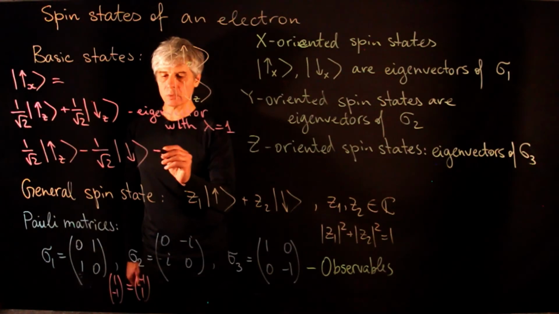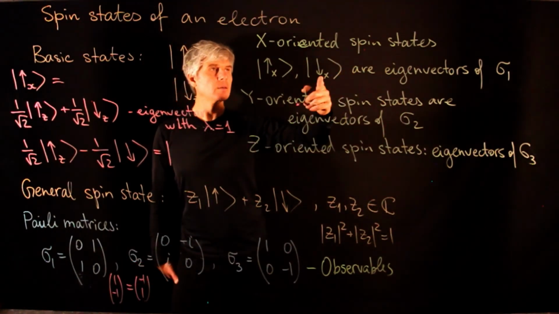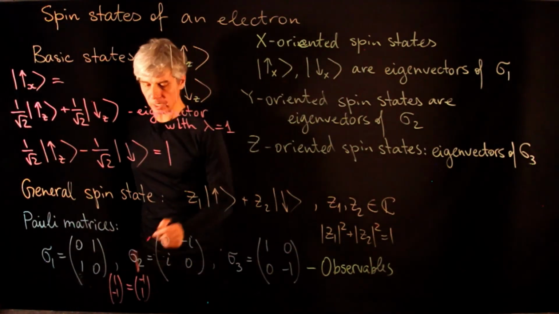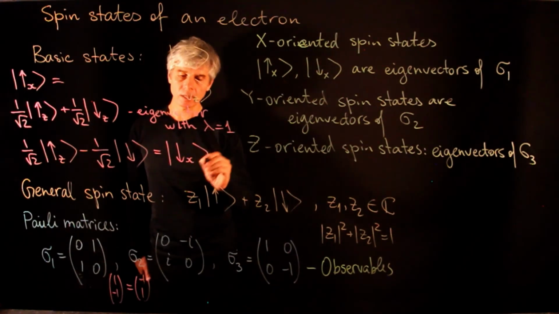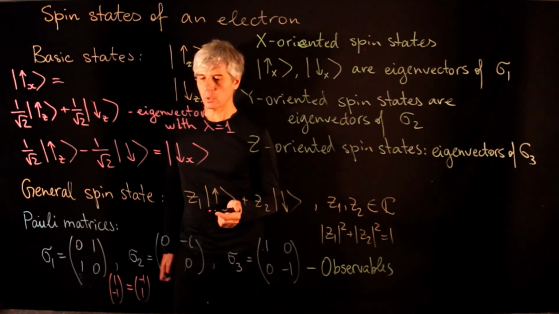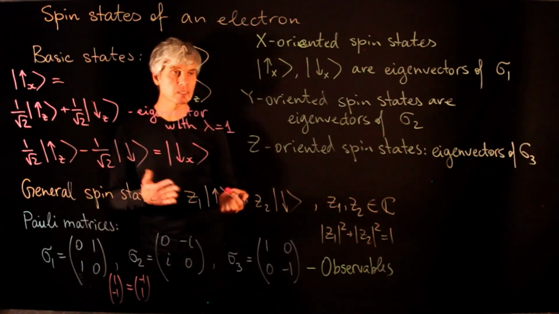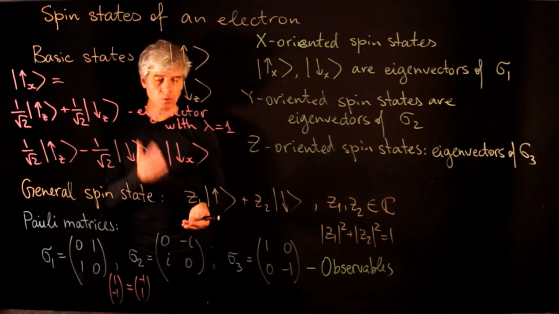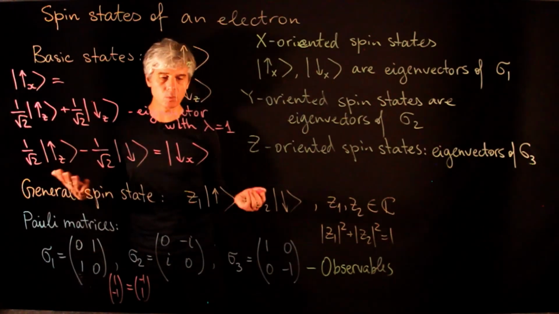And this will be, again, a spin state which is oriented in x direction, but this -1 eigenvalue tells us that it's a spin down with respect to the x-axis. And so what we see is that in this picture we do have states that have spin direction not just in z direction, but in any direction that we actually would want.